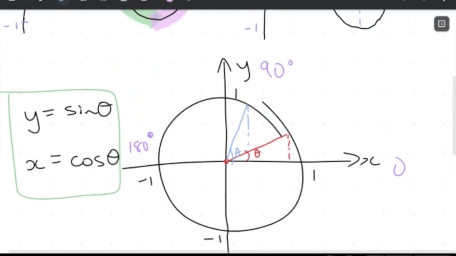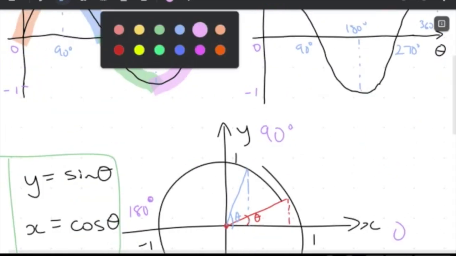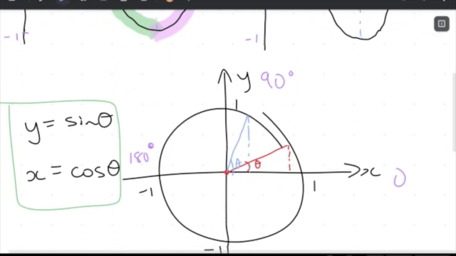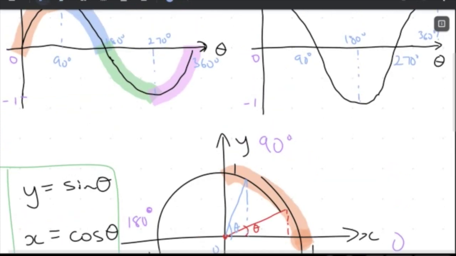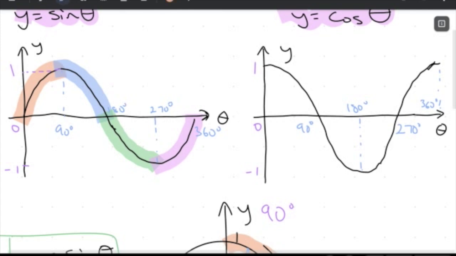My x-coordinate, what color did I start with here? This one. I start at 1, and then my x value gets smaller and smaller until 90 degrees, where my x-coordinate here is 0. And that's what happens here. We start at 1, we go down until we get to 0.